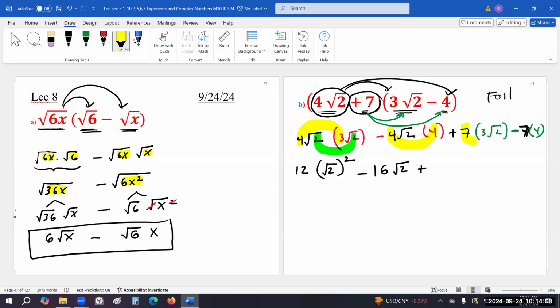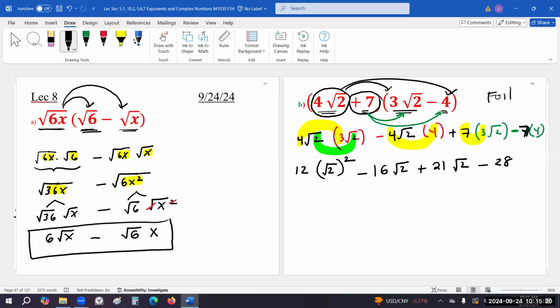So the next one, we have the whole number 7 and 3, and there is only one square root. So I put 21 with the square root of 2. Finally, the last one, what do you get from the last one? 28 without any radical.